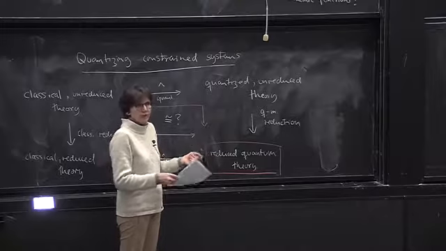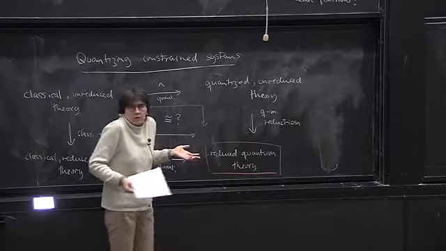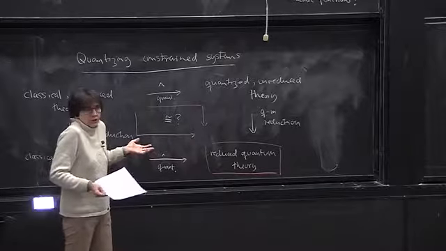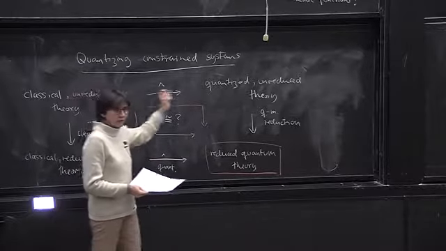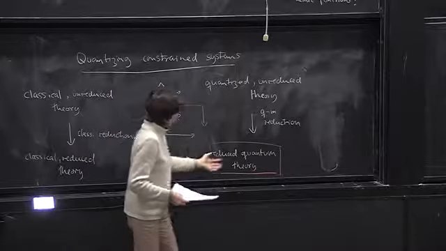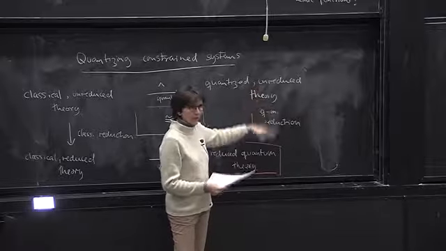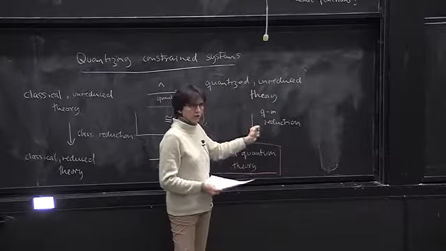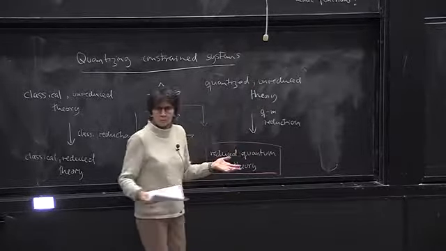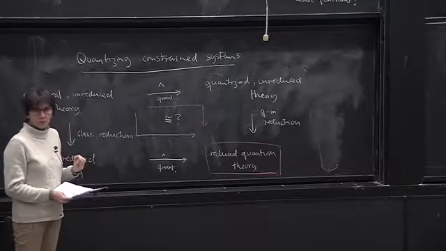In very simple cases, they may seem to do this, but in general, who knows? The extra degrees of freedom I'm quantizing here might have some influence on my final quantum theory, even if I then impose some reduction here. So as a matter of principle, it's not clear that this should be commutative.